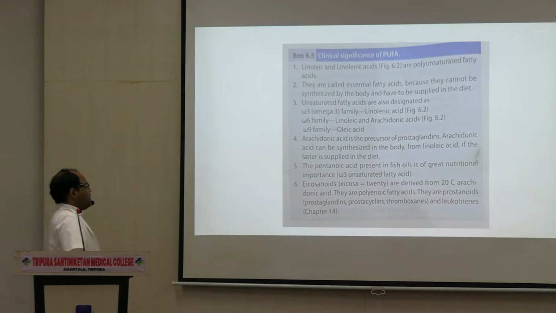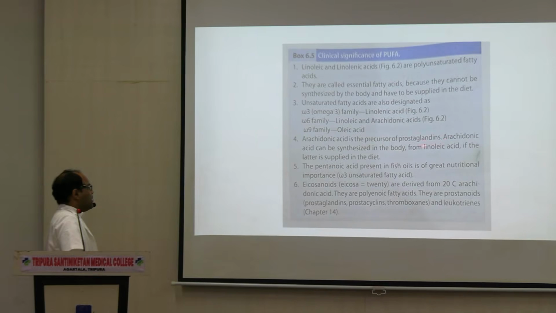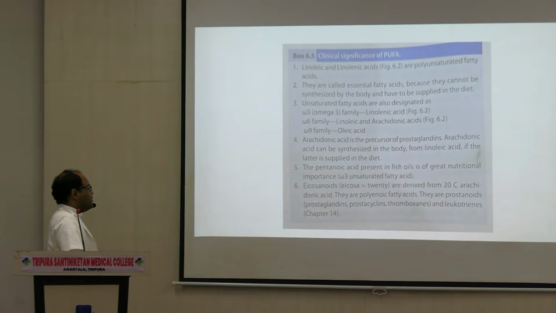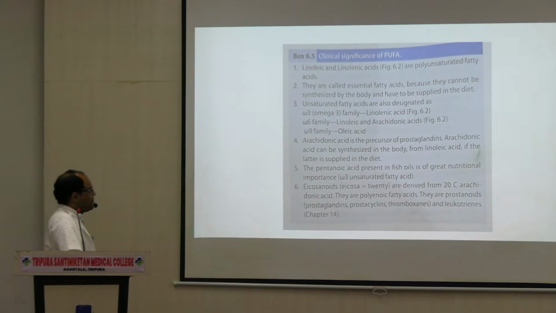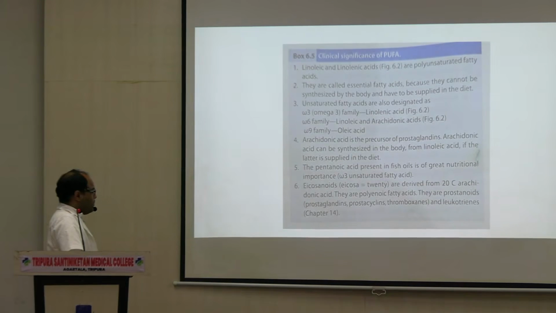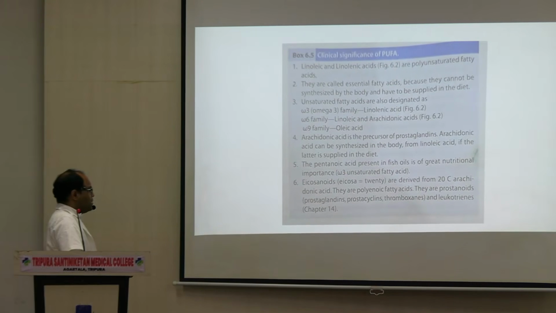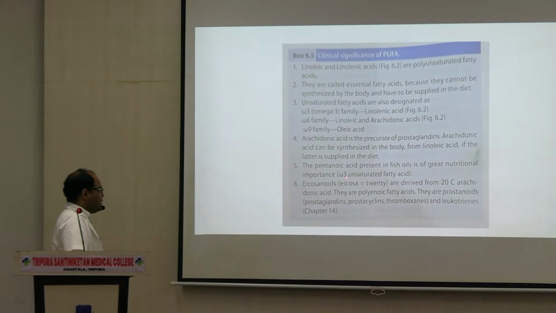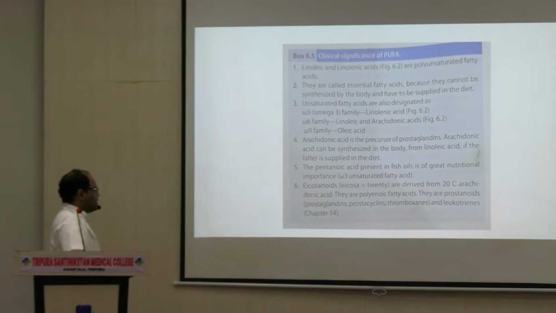Arachidonic acid is the precursor of prostaglandin. Arachidonic acid can be synthesized in the body from linoleic acid if the latter is supplied in the diet. The eicosapentaenoic acid present in fish oil is of great nutritional importance, an omega-3 unsaturated fatty acid.